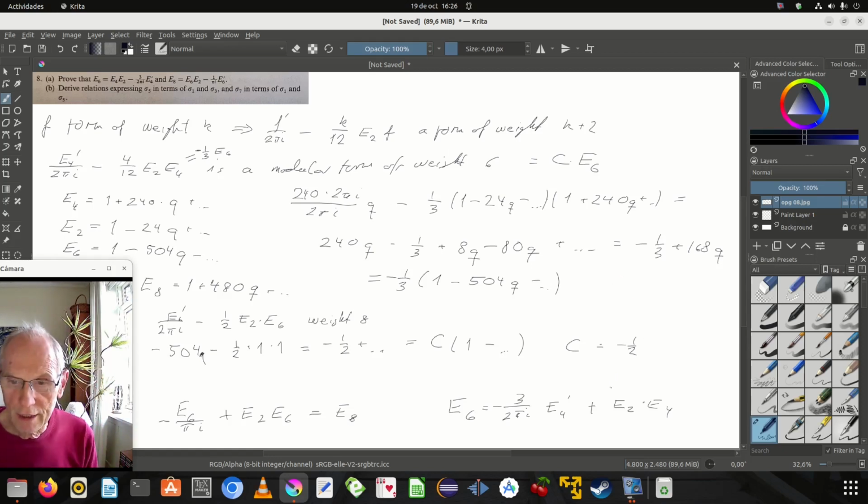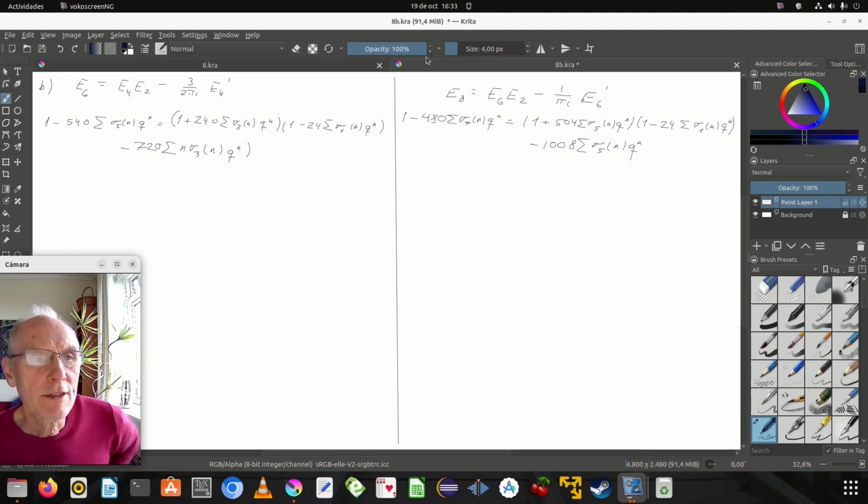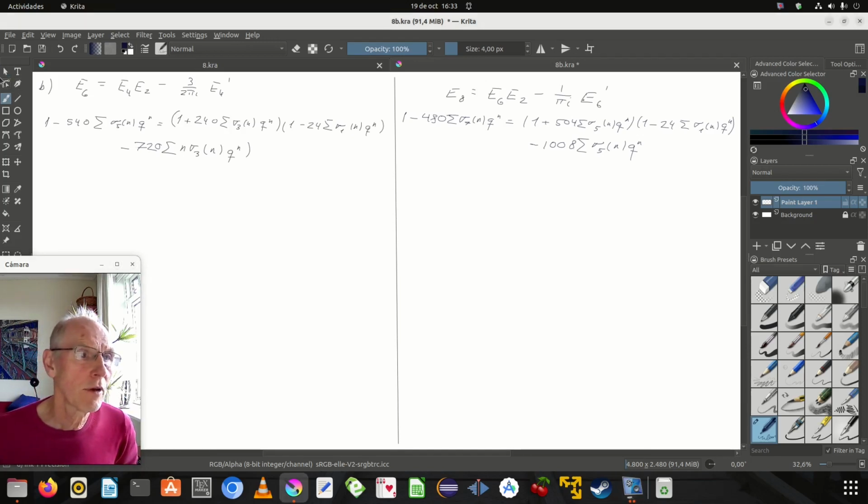That seems to be that. In the timeout, I wrote up E6, E4, E2, and the derivative. The q derivative gives n q to the n minus first times q prime, and q prime is 2 pi i times q, so that's eaten, and then 3 times 240 gives 720.